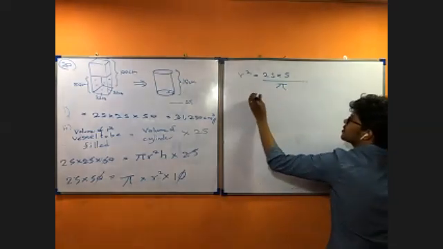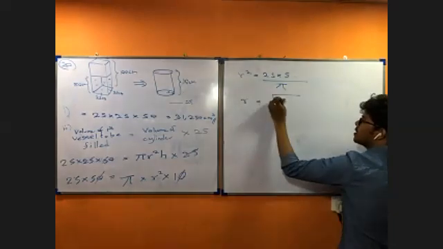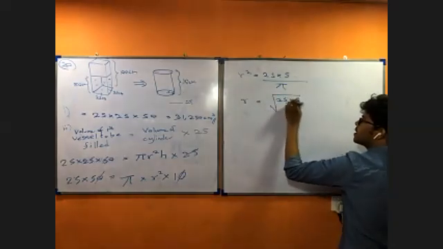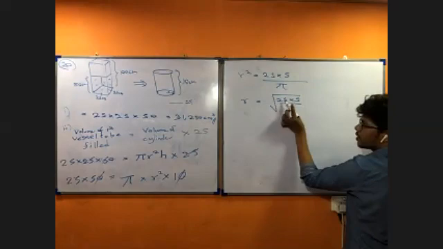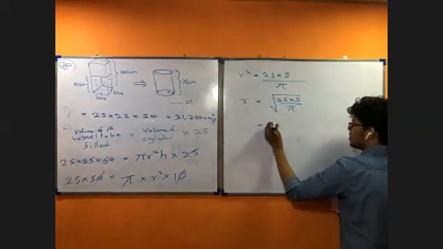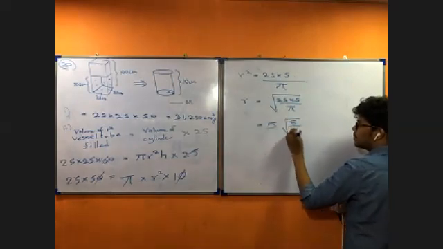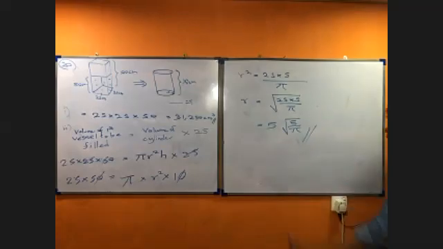This is equal to r is equal to the square root of 25 into 5 divided by pi. The square root of 25 is 5, so you can take 5 outside. So 5 root 5 divided by pi. Done. Easy.